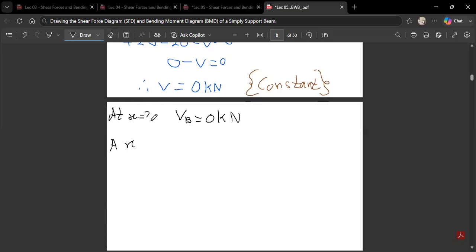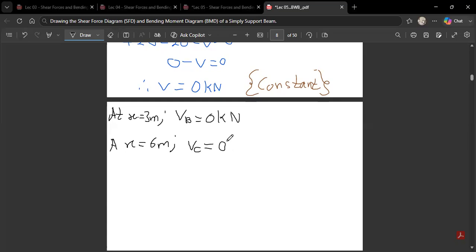your shear force at B is equal to 0 kilonewton. And also at x equal to 6 meters, your shear force at C is equal to 0 kilonewton.